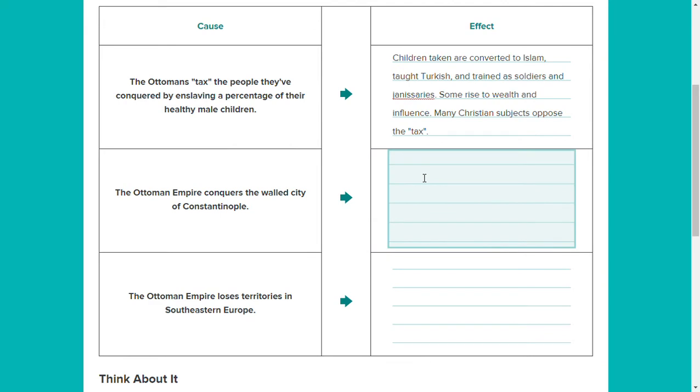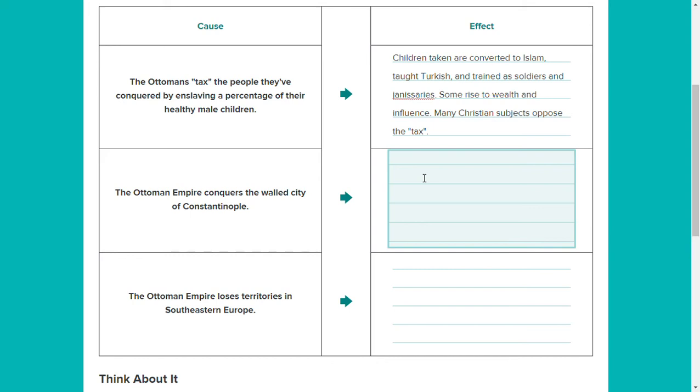The second cause here, it says the Ottoman Empire conquers the walled city of Constantinople. We know that was important. When they did that, they brought an end to the reign of the Byzantine Empire. The city became the capital of the Ottoman Empire, and they renamed it Istanbul.